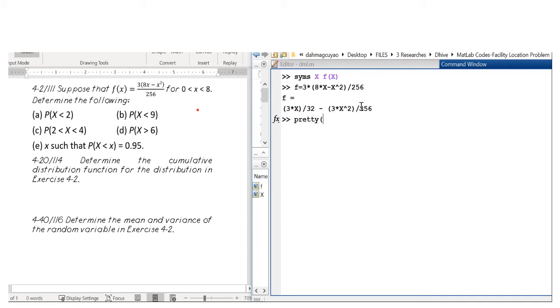This can be simplified as 3x over 32 minus 3x squared over 256. If we're going to plot this, ezplot of f, let's have it from 0 to 8. So we plot f along the interval from 0 to 8.